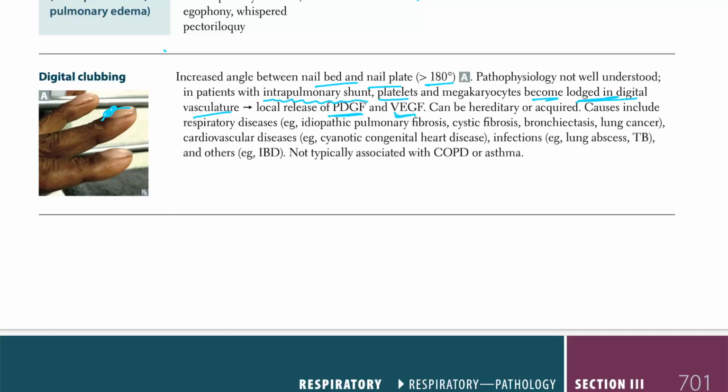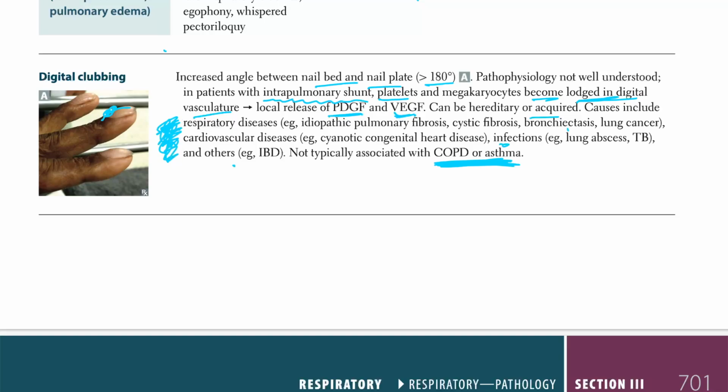Can be hereditary or acquired. Causes include respiratory diseases: idiopathic pulmonary fibrosis, cystic fibrosis, bronchiectasis, lung cancer; or cardiovascular diseases: cyanotic congenital heart disease; infections: lung abscess, tuberculosis; and IBD. Not typically associated with COPD or asthma. So many causes, right? Digital clubbing is very non-specific.